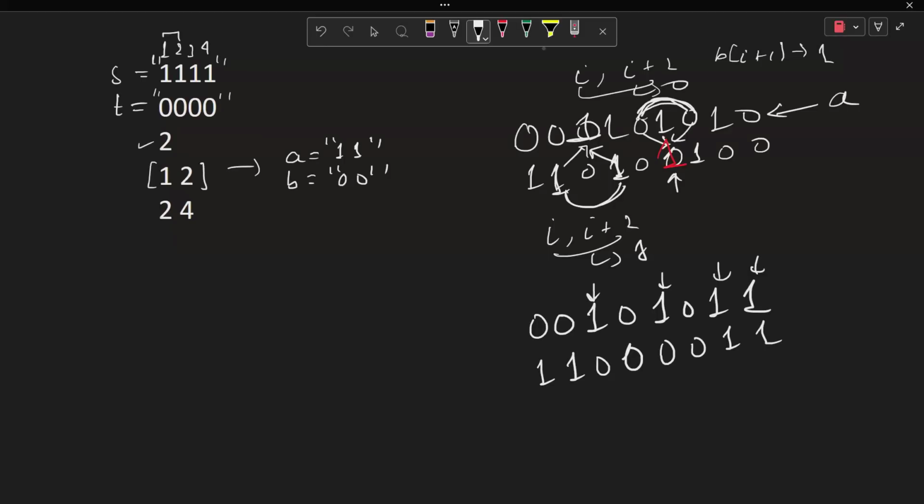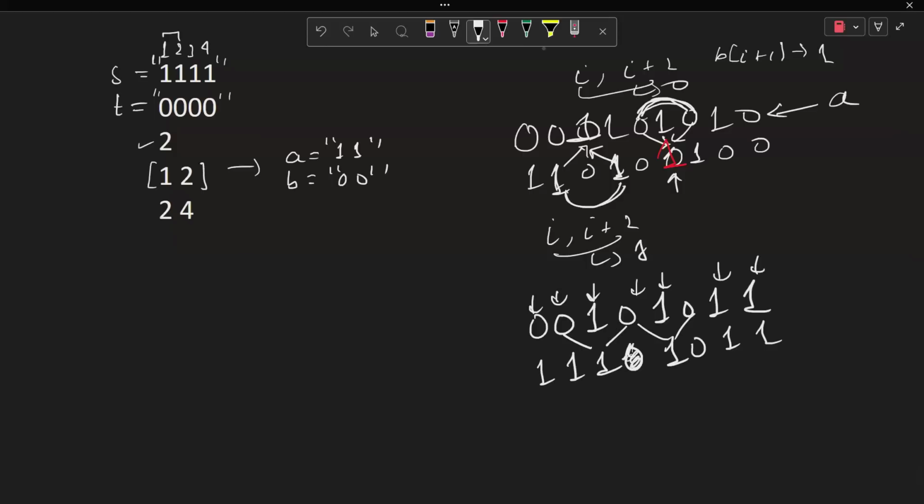We want to convert these zeros to ones so that we can maximize our ones. How can we convert? We can take two zeros and, from those two zeros, convert a B to one. That we can do.